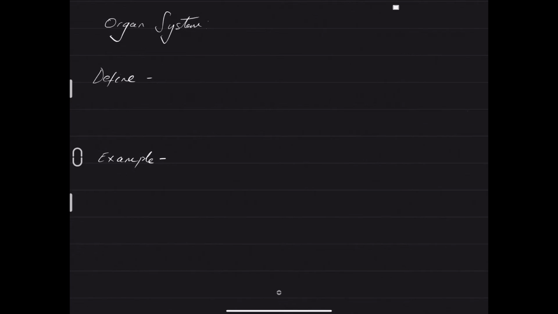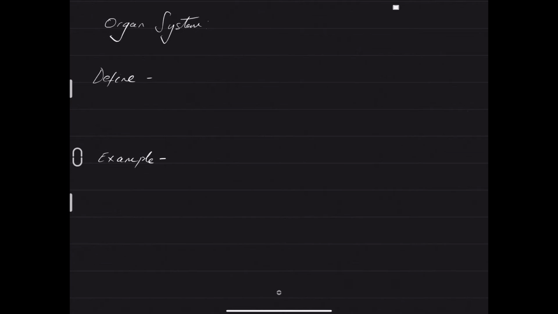So I'll repeat again. The next layer up after organs is organ systems. And I want you, based on the pattern we have been following so far regarding building from cells, tissues and organs, to define organ systems. Once you've defined organ systems, I want you to give me an example of a system within the body.